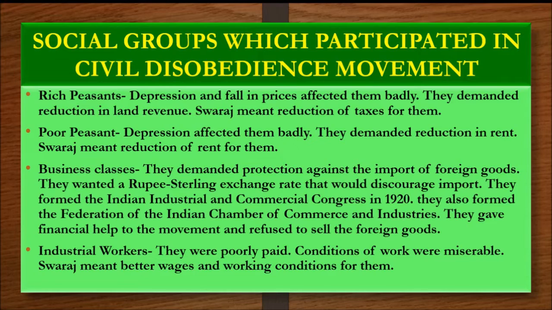For them, Swaraj meant better wages and good conditions in the working atmosphere. The industrialists were worried about the spread of any militant activities that could distract or spoil the business, and they were also not in favor of growing socialism among the young Congress members.